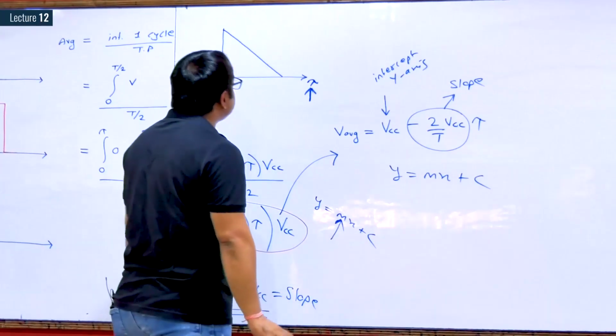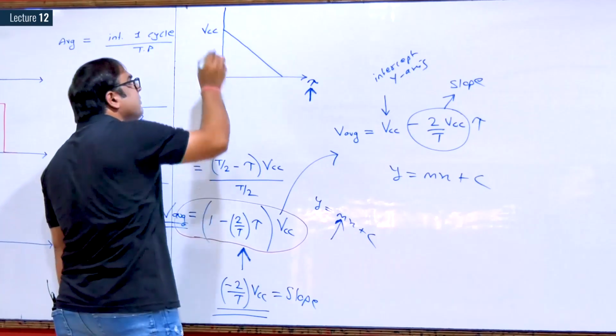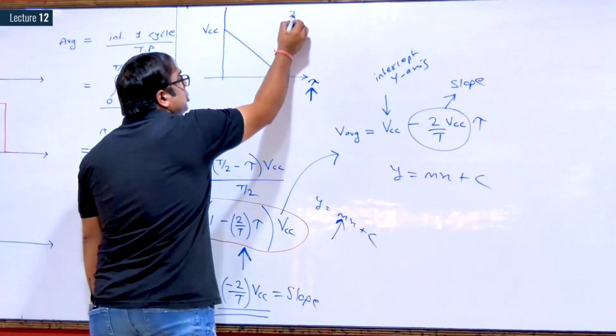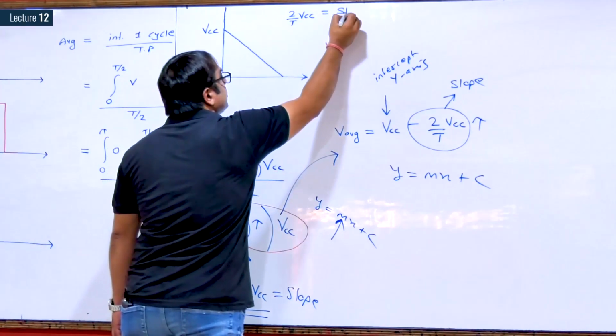The slope is 2 by T times VCC in magnitude.